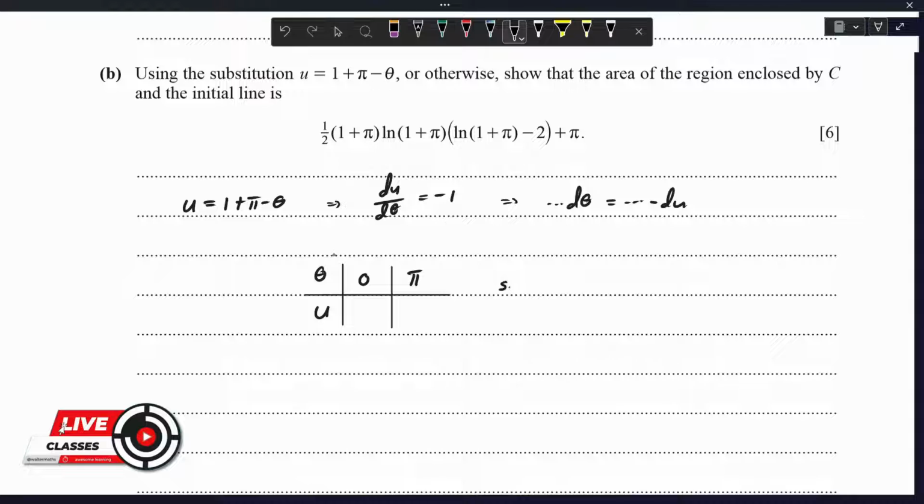So since u is equal to 1 plus pi minus theta, when theta is equal to 0, u will be 1 plus pi, or pi plus 1. And when theta is pi, u will be 1. So we have 1.